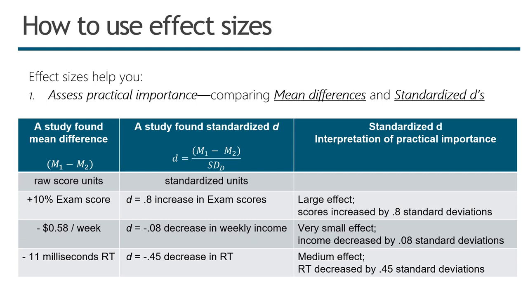A decrease of 0.08 in terms of D would be a decrease in weekly income that would be deemed very small. And a decrease in reaction time of D equals negative 0.45 would be a medium effect and a decrease of about half a standard deviation in terms of time.